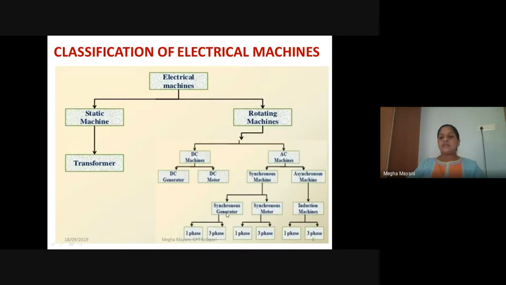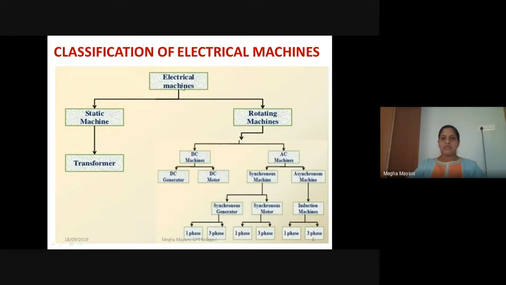These synchronous generators can be 1 phase or 3 phase, and synchronous motors can also be 1 phase or 3 phase. The asynchronous machines are the induction machines. These can also be 1 phase or 3 phase. So friends, the broad classification of electrical machines, I think, is clear.